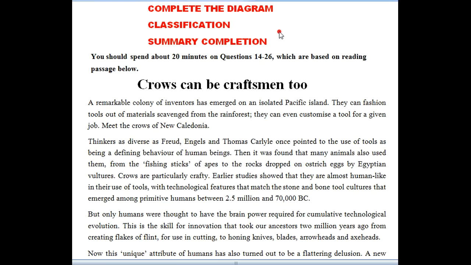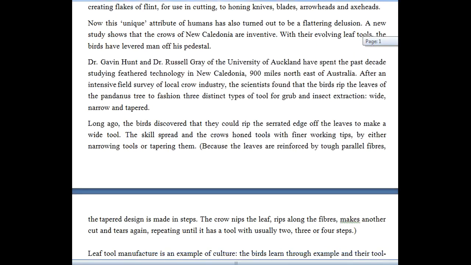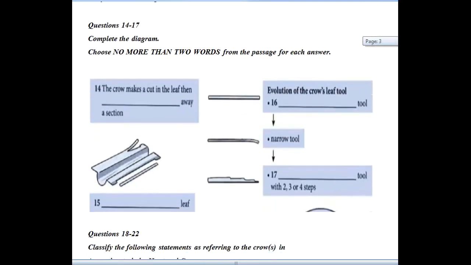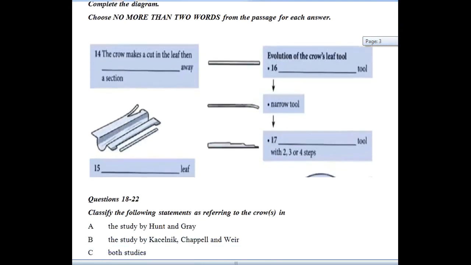So let me remind you the formula. The first thing you will do is read the passage to understand what it is about. Number two, you will assume that the first question type will appear first, which is complete the diagram here.